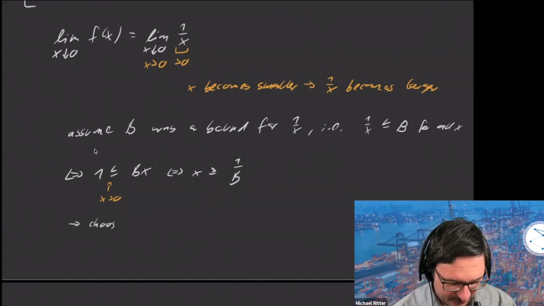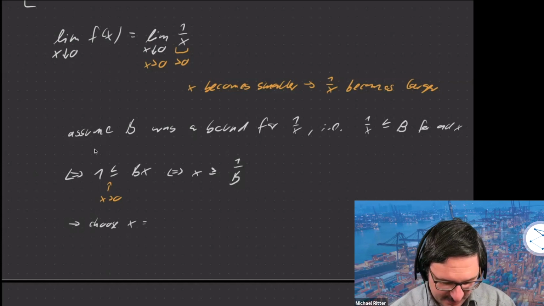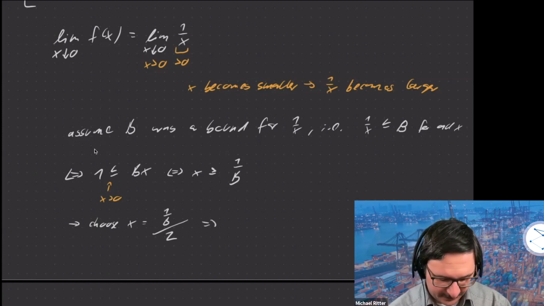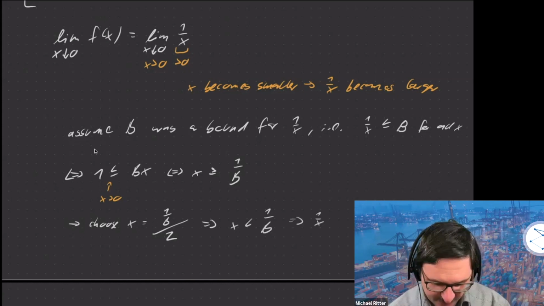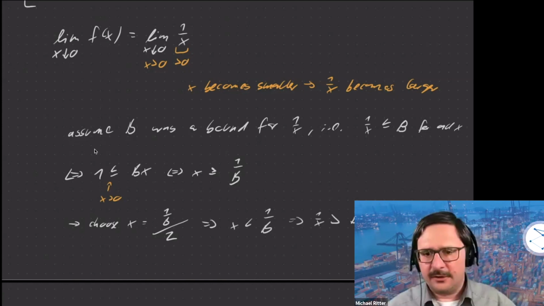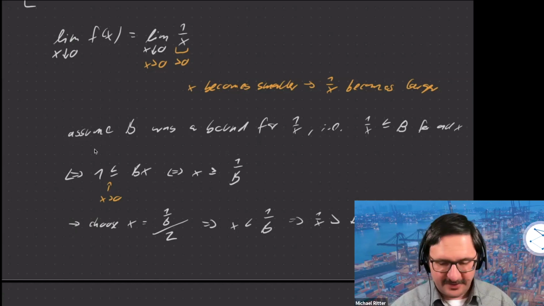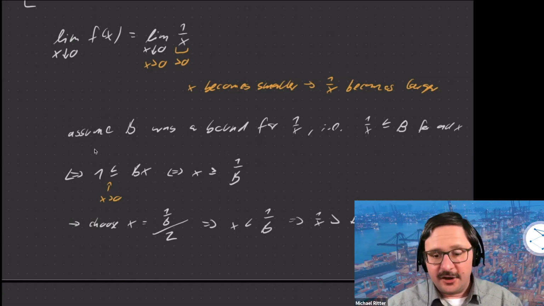So if we choose x equal to, let's say, 1 over b divided by 2, then x will be smaller than 1 over b, and that means 1 over x will be greater than b. You can do this for every arbitrary b. So every bound b will be exceeded by a small enough x. Basically, that's the argument behind that.